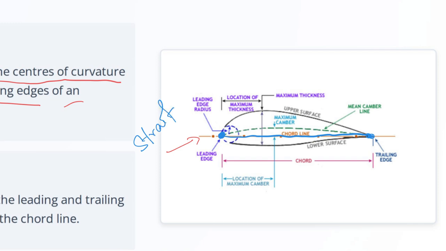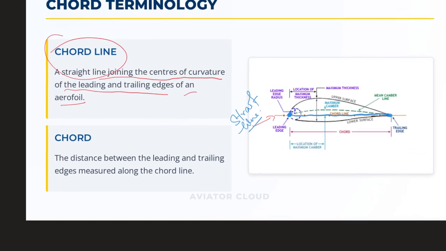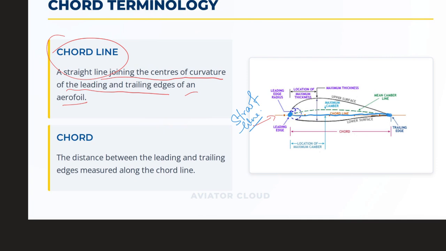It is a straight line. Understood? So what is chord? The distance between the leading and trailing edge measured along the chord line. So basically, chord is the distance between leading edge and trailing edge. So every definition is important whenever we study the later concepts. These definitions will come into play. So chord line is very simple.